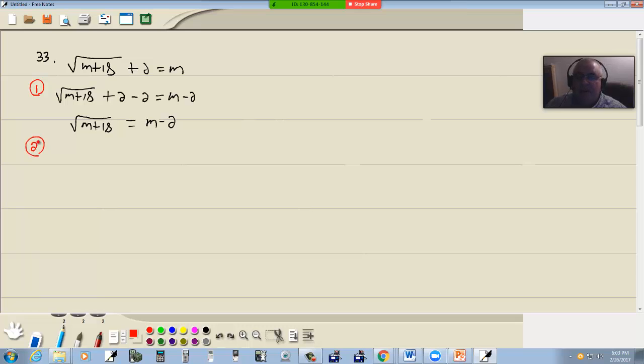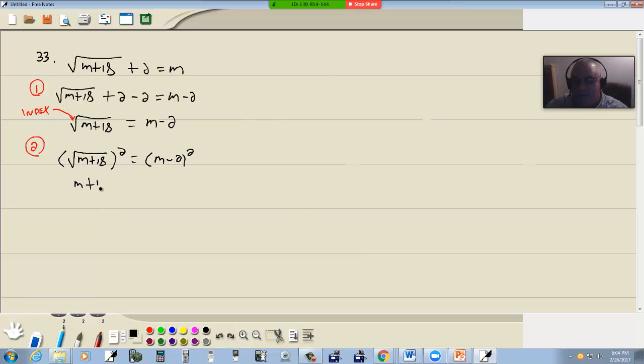Step 2, raise both sides to a power equal to the index. Now the index is whatever number is in the slot right here. And you notice I don't have a number in the slot. When you don't have a number there, it's a square root, so it's by default 2, which means I'm going to square both sides. So I get the square root of m plus 18 squared is equal to m minus 2 squared. Whenever your index matches the power, they cancel each other away.